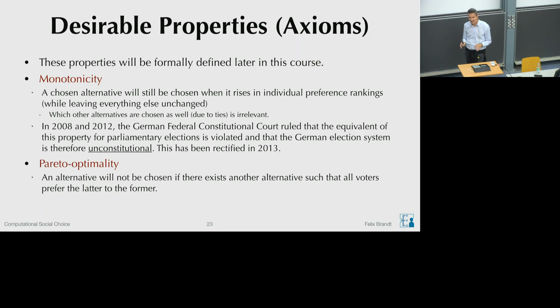So this property doesn't say which alternative should be selected, but A should definitely not be selected because we can find something else such that everybody is better off. And this is also the basic idea of Pareto optimality in many other areas like game theory and economics in general. If you can find a social outcome that makes everybody at least weakly better off and maybe somebody strictly better off, then we should pick this other social outcome.